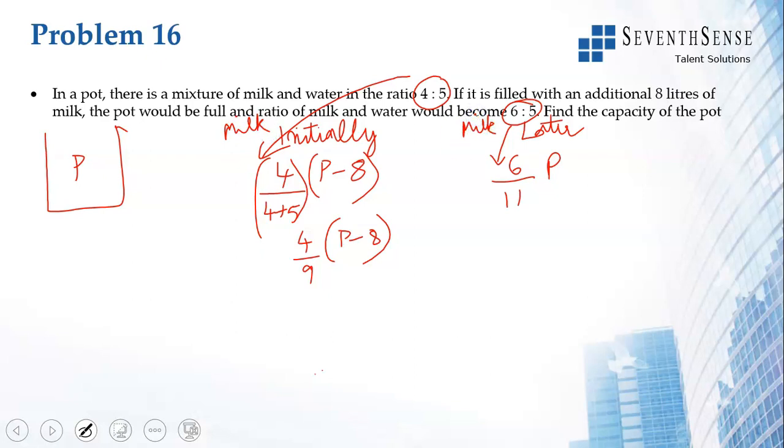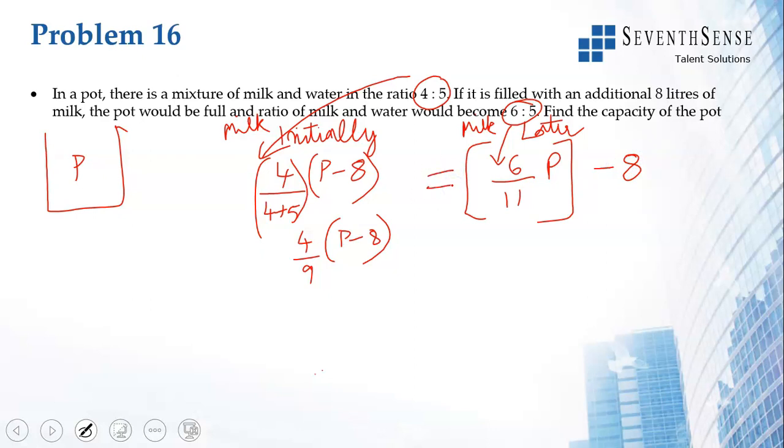So how can I equate? On the RHS, if I remove the 8 liters of milk, would it not be the same as the initial quantity of milk? So this is the new quantity of milk. If I subtract 8 liters of milk from this, it should be equal to the initial quantity.